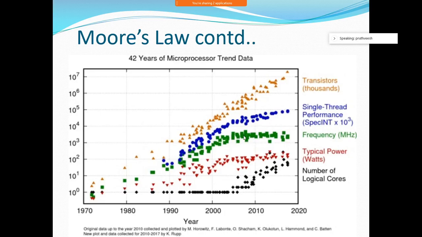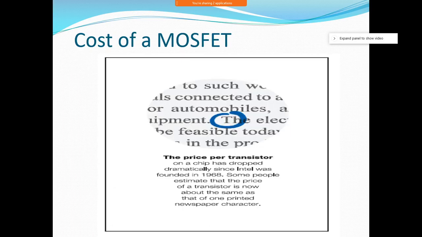There is only a slight variation, no huge change. The rate of increase of frequency is limited because of many reasons, and we will certainly look into why it has almost flattened. Let us have a look at this slide.